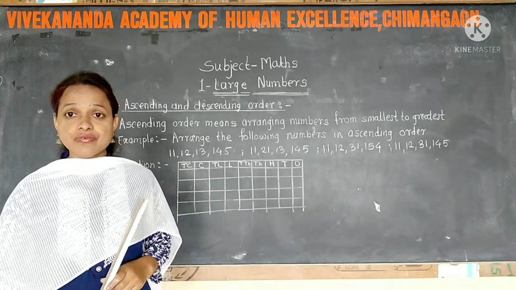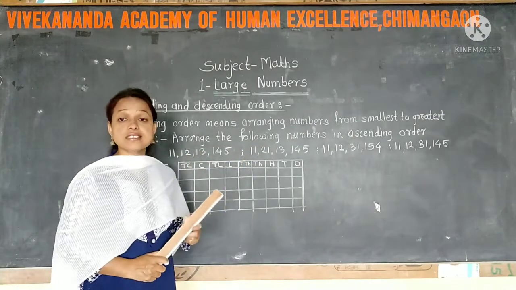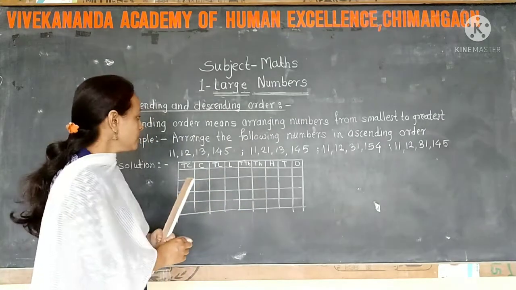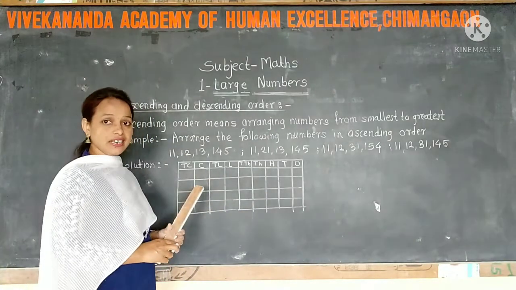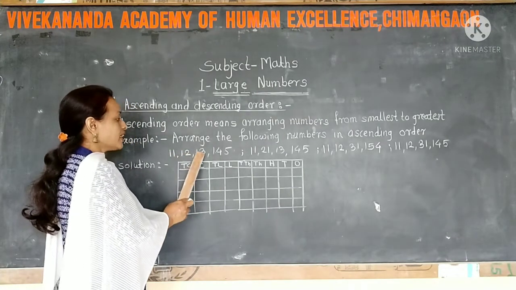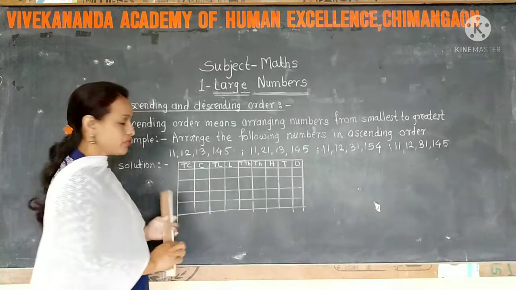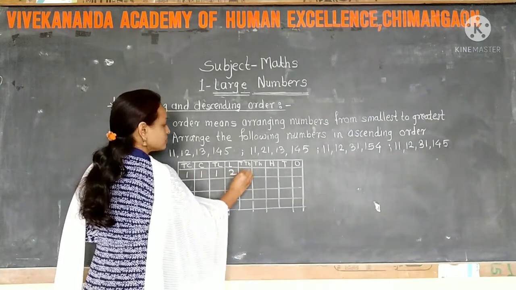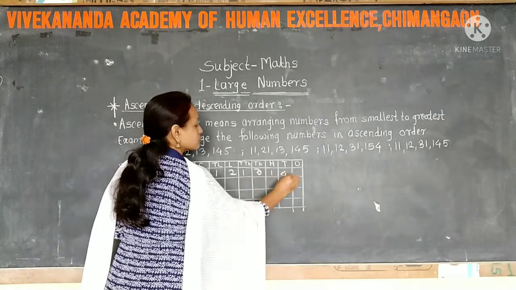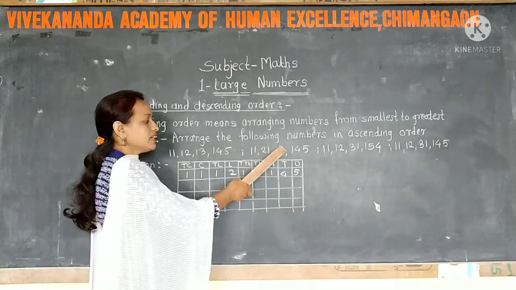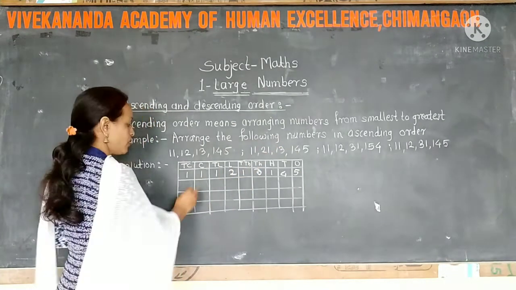So we shall first write these numbers in the Indian place value chart. Let's arrange the given digits in their respective places. First, 11 crore 12 lakh 13,145, we write in the place value chart. Second number, 11 crore 21 lakh 13,145.